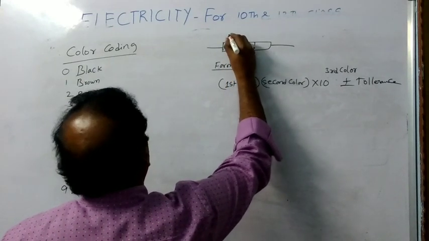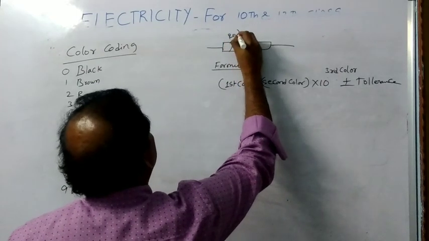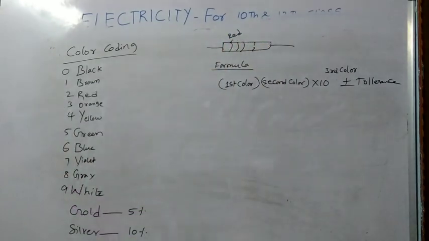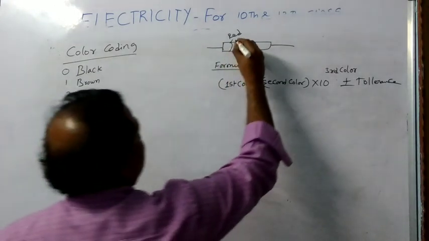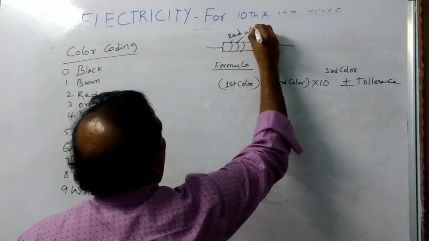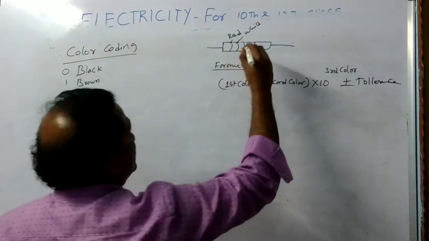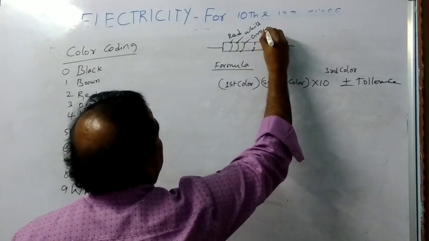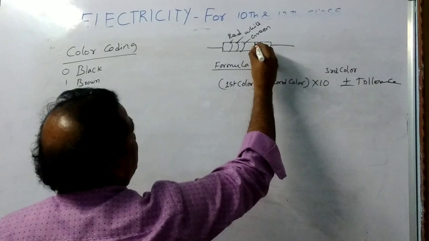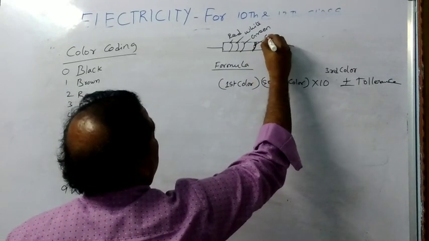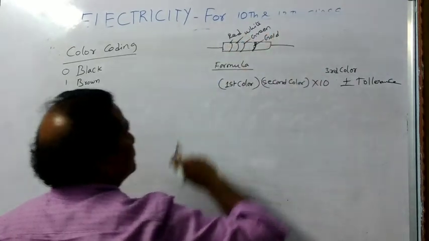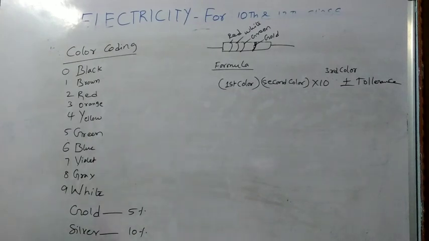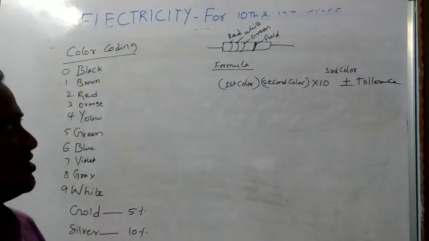Red color, white color, green, and gold. These are the colors given to the resistor.